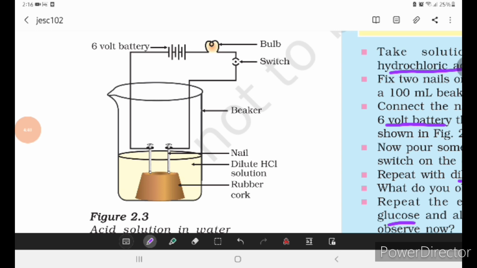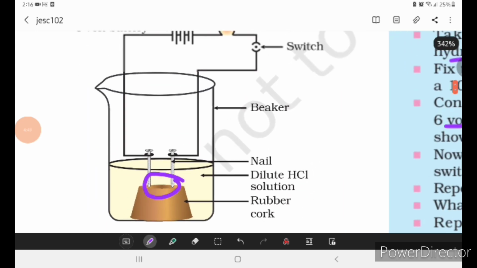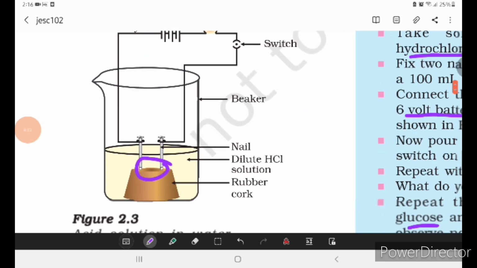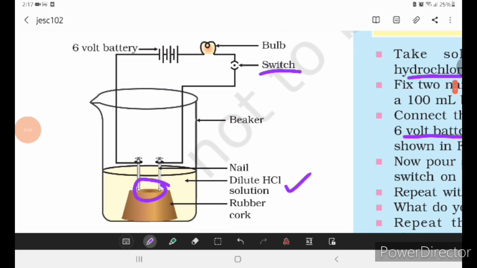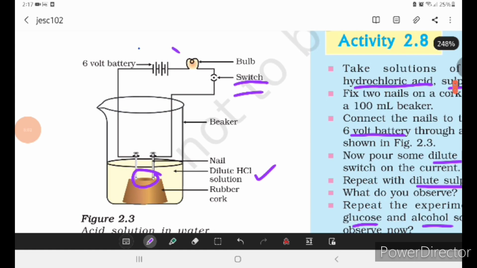Now take a 100 ml beaker, but before that take a cork, insert two iron nails into the cork and connect these two iron nails to the battery, switch and the bulb. Take the 100 ml beaker, pour some dilute hydrochloric acid solution into it and switch on the circuit. Now you can find that the bulb glows.